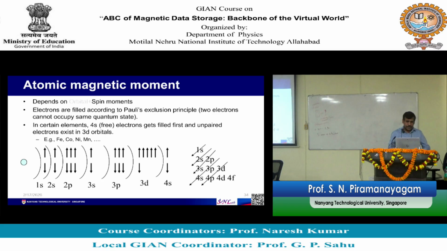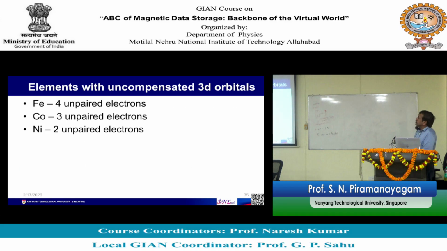Okay. So, this gives us some clue that what makes iron a ferromagnetic material, which means there is an unpaired electron.